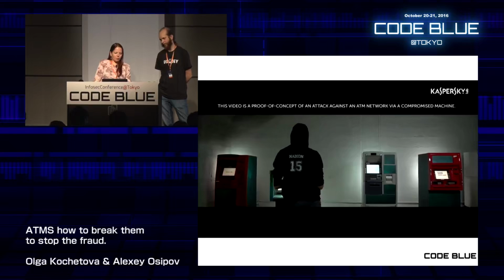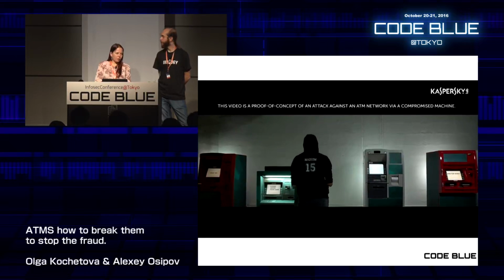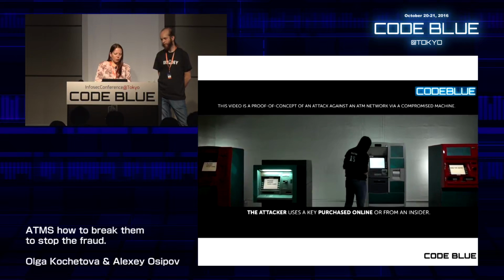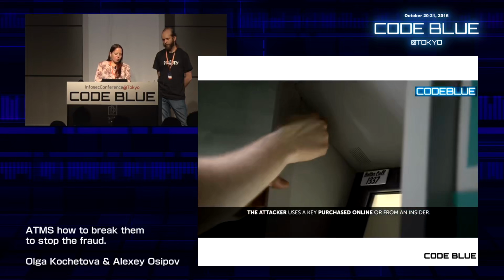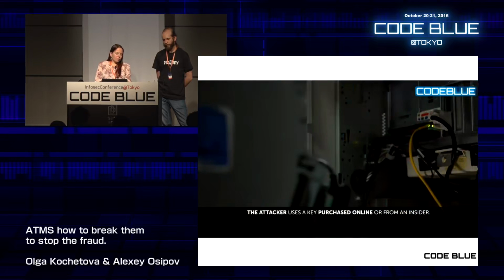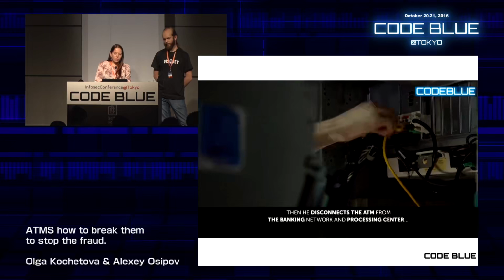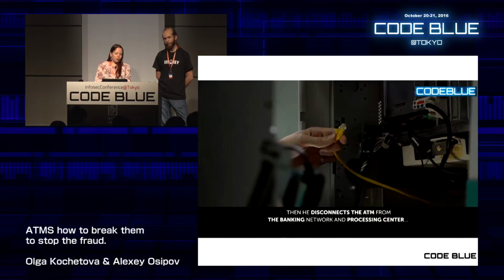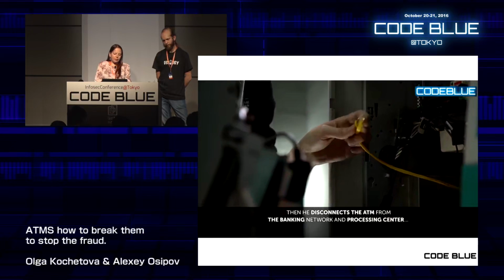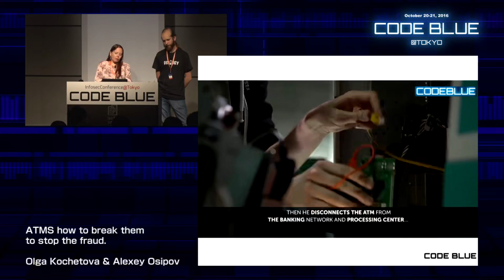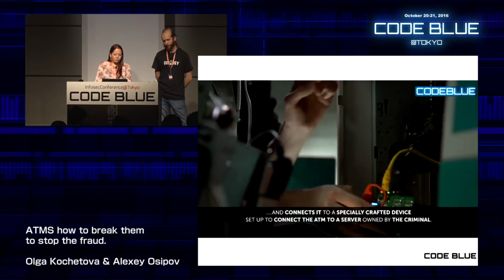So here is our attacker who found the wrong settings in the ATM network. He also used a key which was bought online or from an insider. The attacker opened the service zone, disconnected the Ethernet cable from the ATM, and connected it to a Raspberry Pi with other pieces of code.